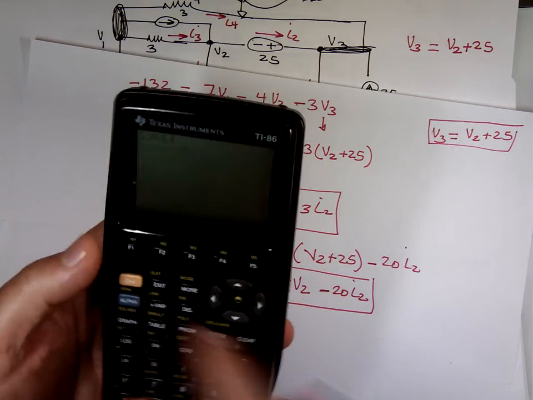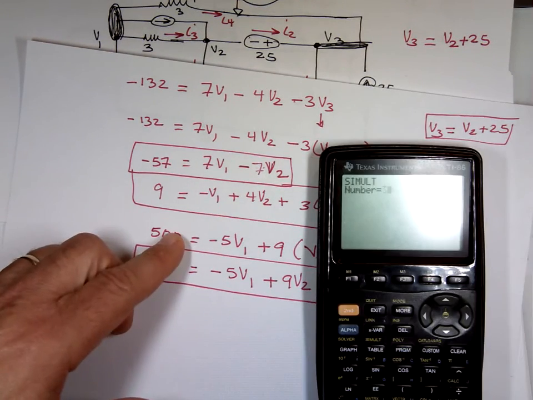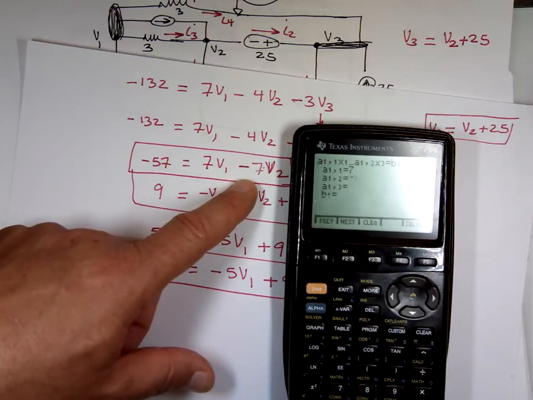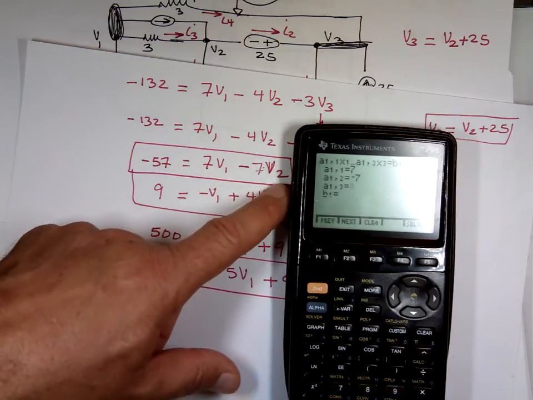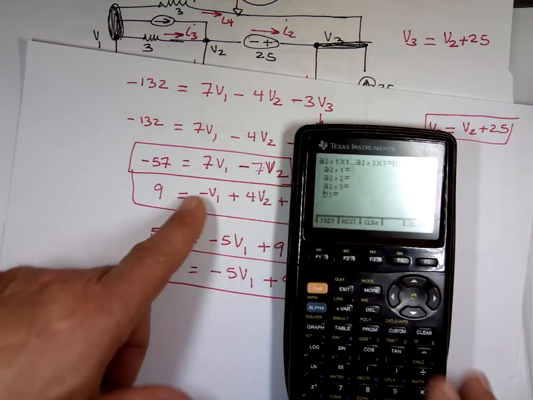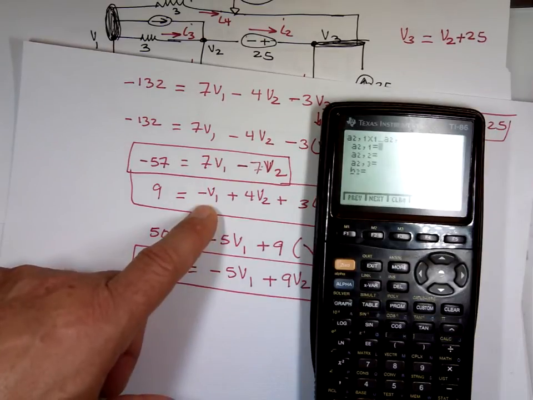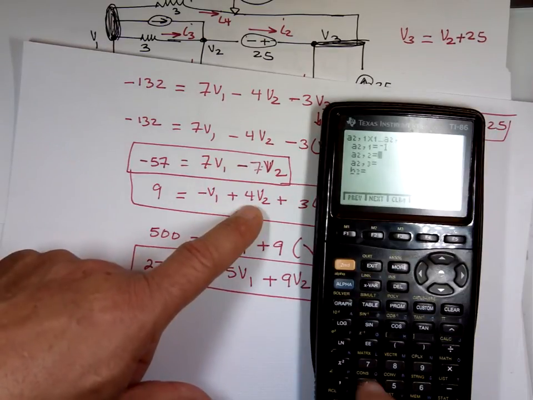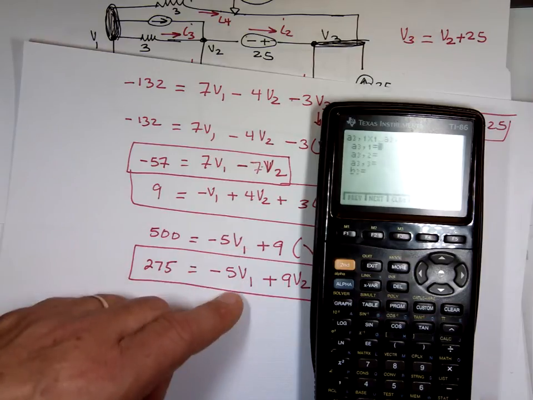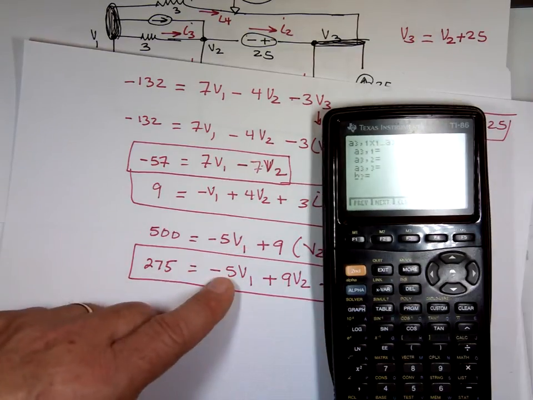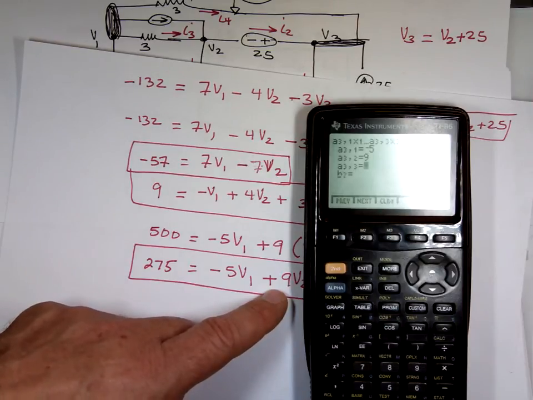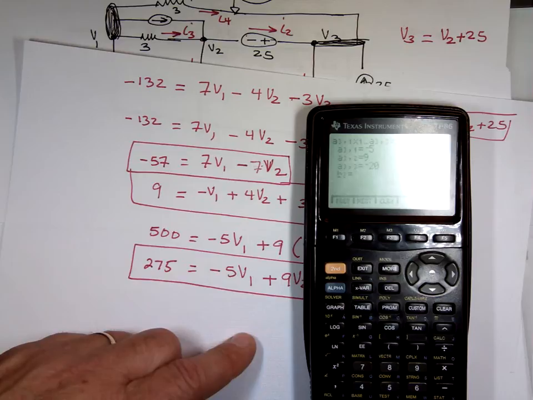Simultaneous, three equations by three unknowns. 7, negative 7, and I sub 2 is 0 for this. Negative 57. The other one: negative 1, 4, 3, and 9. The next one: negative 5, 9, negative 20, and 275.